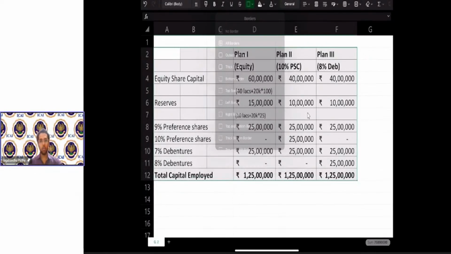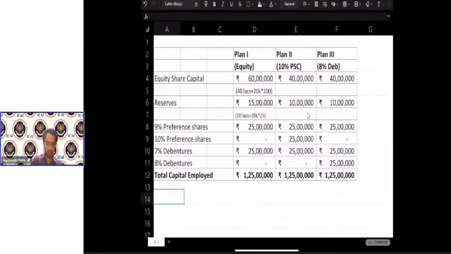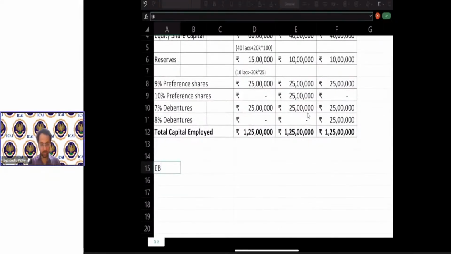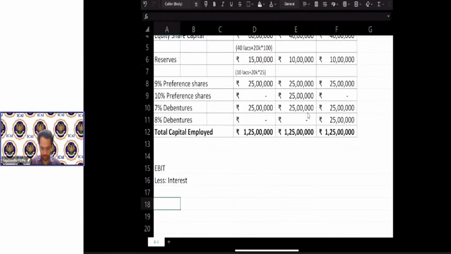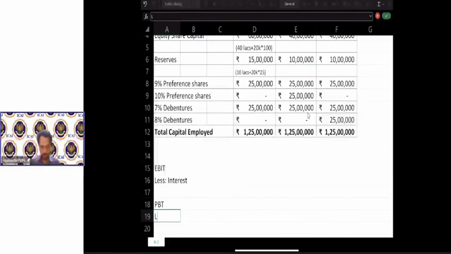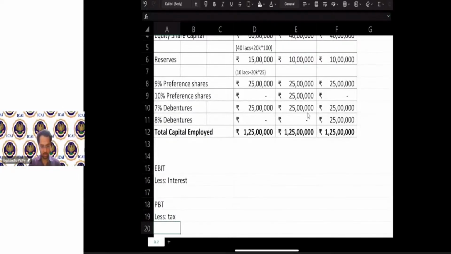Now, how do we decide which plan is to be chosen for selection? We have to begin our analysis with the EBIT. So let's say we start with earnings before interest and tax. From that, we are going to reduce the interest, and then you'll have the profit before tax. Then you have the tax.